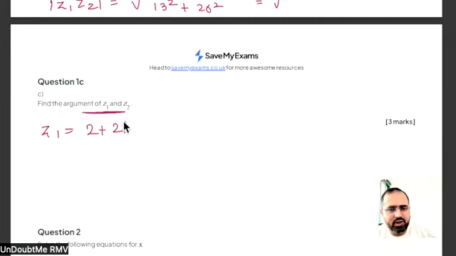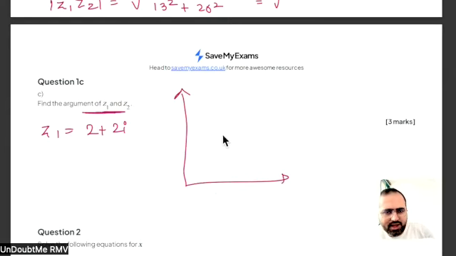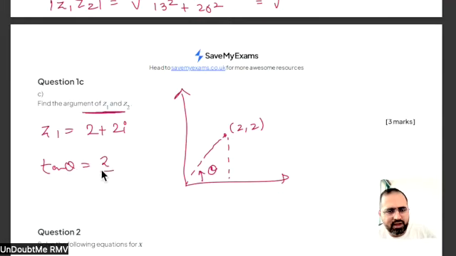Now, what is the meaning of argument? Let us understand. If I plot this 2 plus 2 iota on the Argand plane, I will get the point 2 comma 2. If 2 comma 2 is plotted and the angle is measured, how will you measure the angle? In vectors also we have done that tan theta is equal to y over x. Y is 2, x is also 2. So theta will be equal to tan inverse of 1. 2 over 2 is 1.